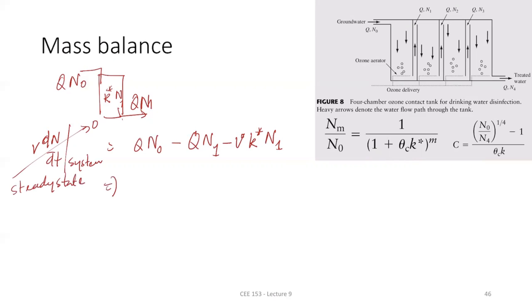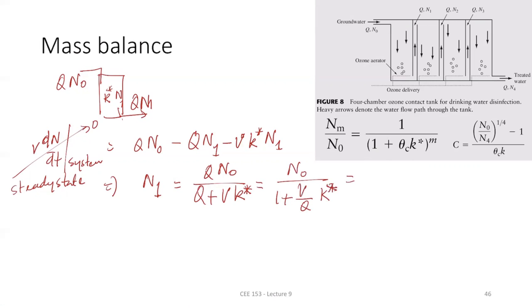So you can solve for N1. If you take N1 common, it becomes Q N0 by Q plus V K star. If you divide by Q on both sides, it will be N0 by 1 plus V by Q K star. And V by Q is the retention time. So that's basically N1 equals N0 over 1 plus theta K star.